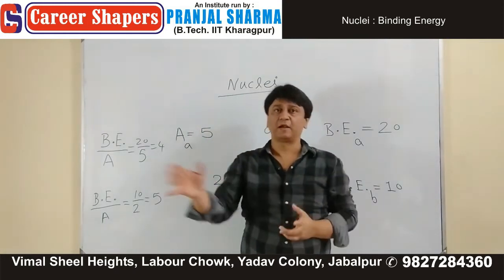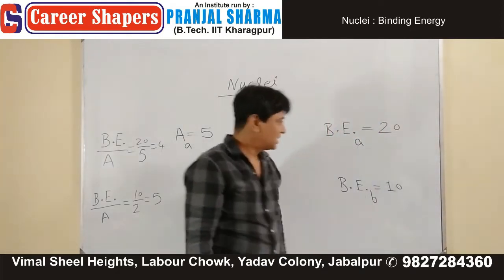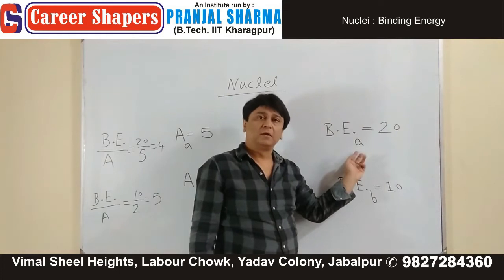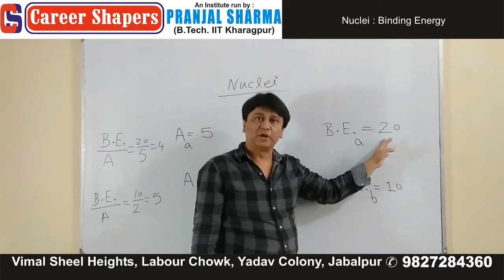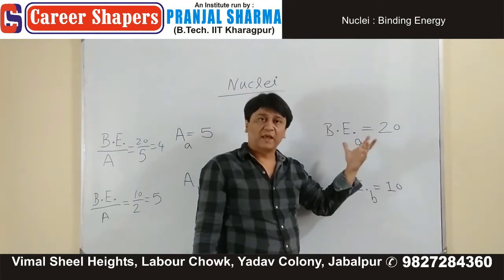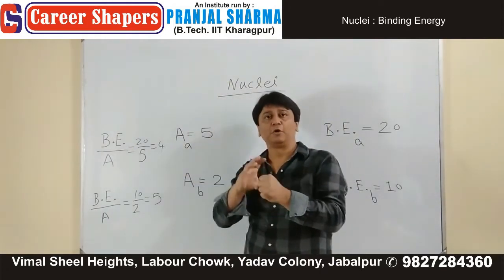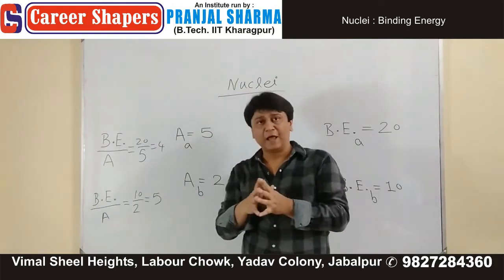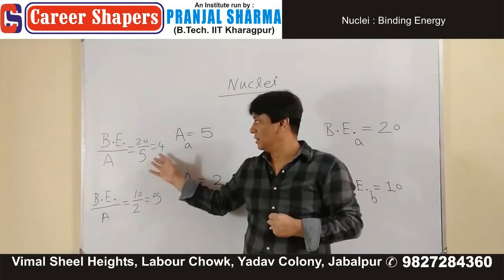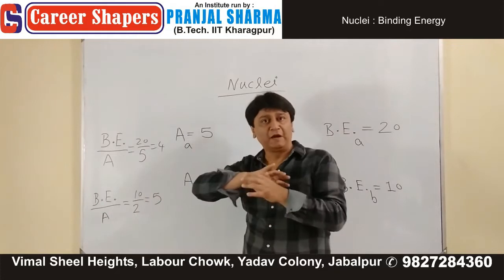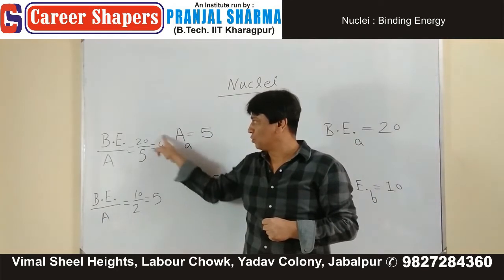That's how we say that density is everywhere the same. So when you provide element A with 20 joules of energy, the interaction of a particular nucleon with other nucleons can be minimized or removed, provided you provide 4 joules of energy.